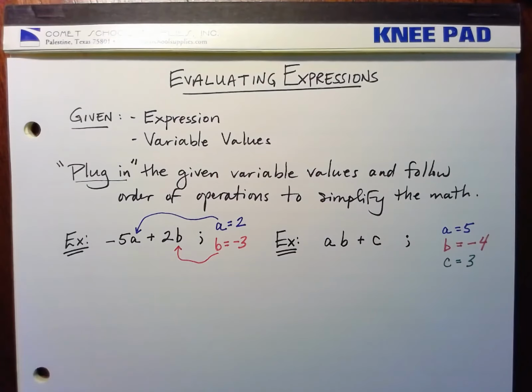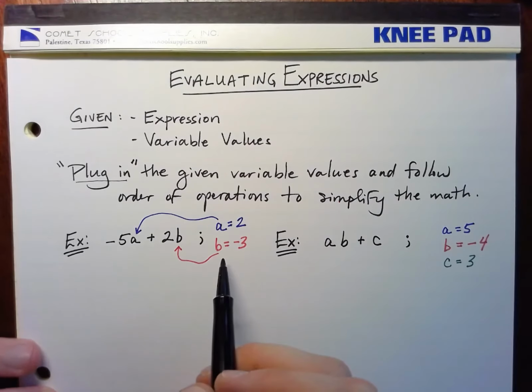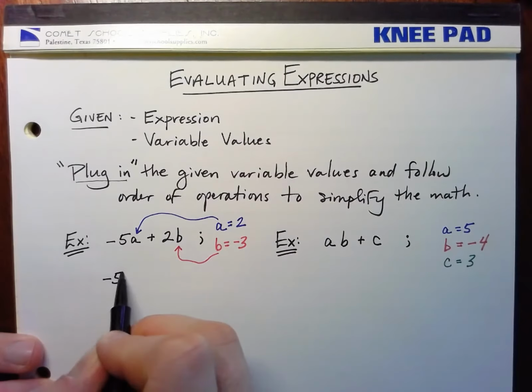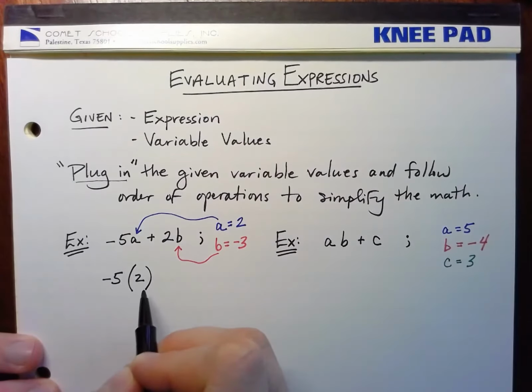If a is 2 and b is negative 3, then our expression is going to become negative 5 times a plus 2 times b.